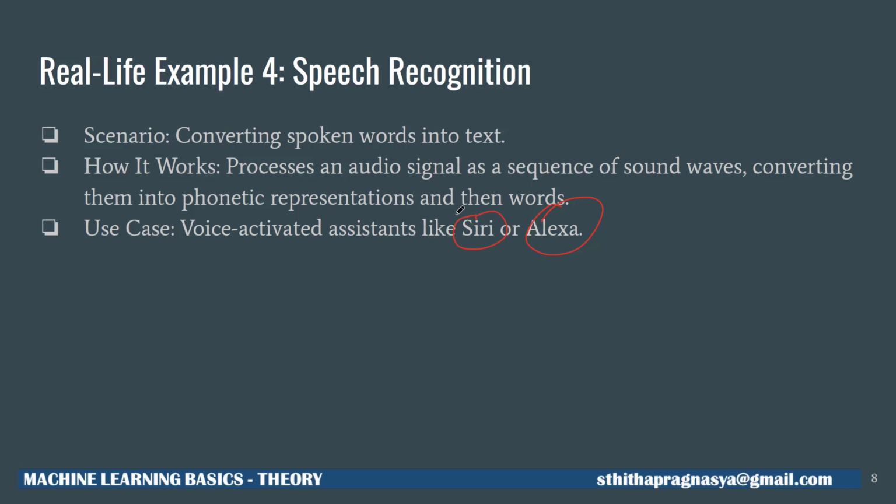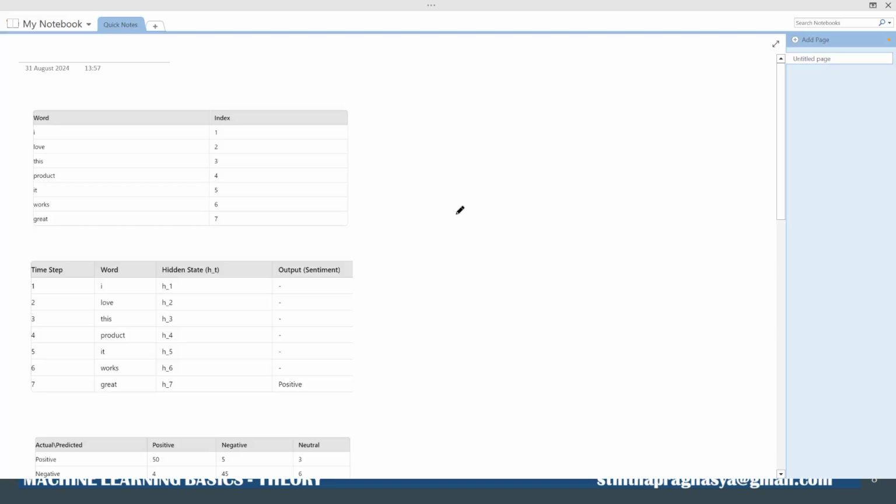Okay, so that's about RNN. Now let's jump into our step-by-step explanation of RNN using an example scenario. Which scenario are we using? We are using sentiment analysis, the scenario that we have spoken about earlier.